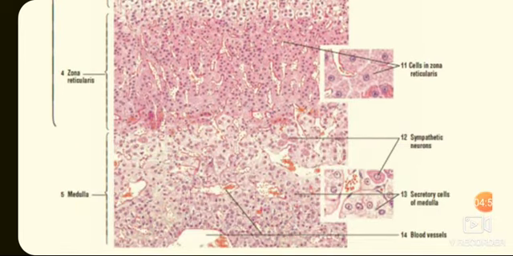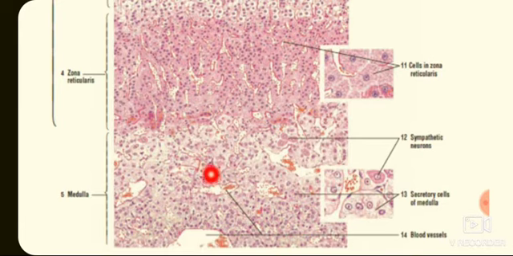Coming to the adrenal medulla, this is the central part of the gland. The cells in the medulla are large, polyhedral in shape, and they are arranged in short cords. The cytoplasm of these cells is clear and lightly basophilic.